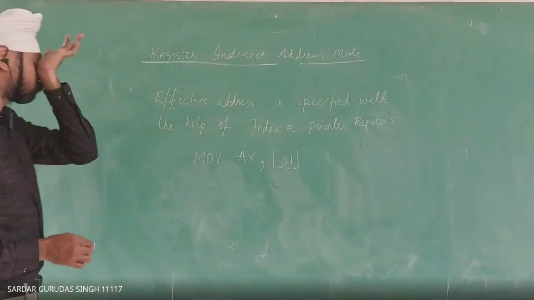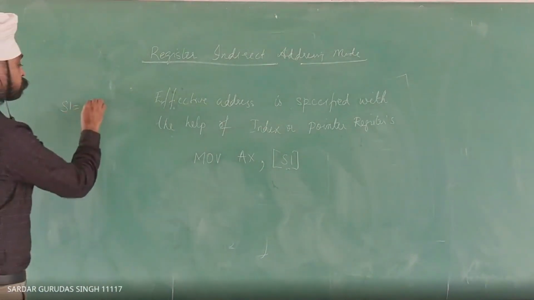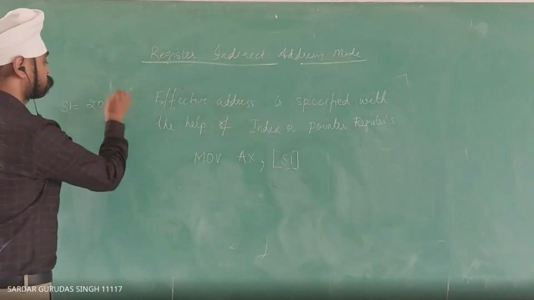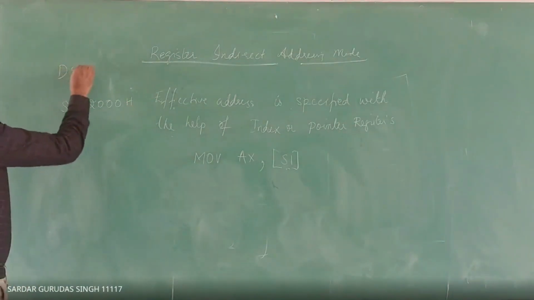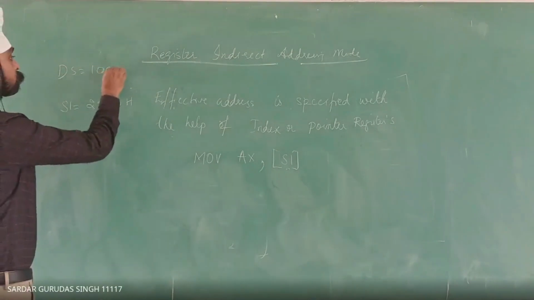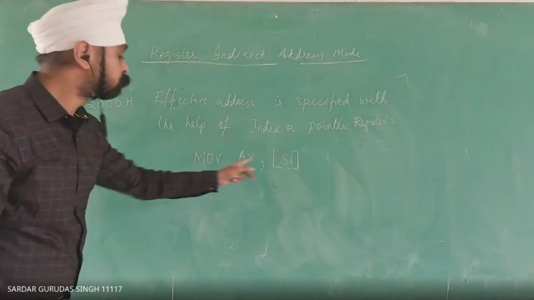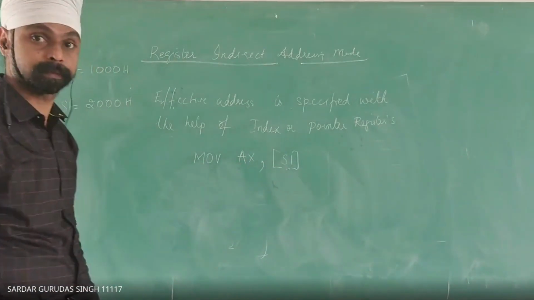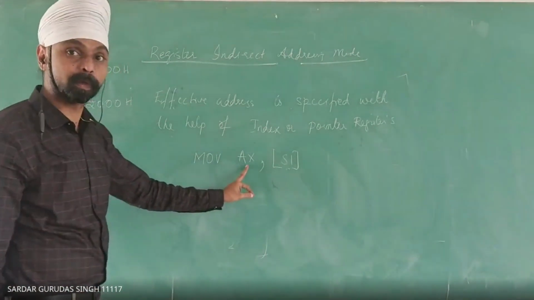For instance, let us assume that the SI content is 2000H and the DS content is 1000H. So what will be moved into the AX?